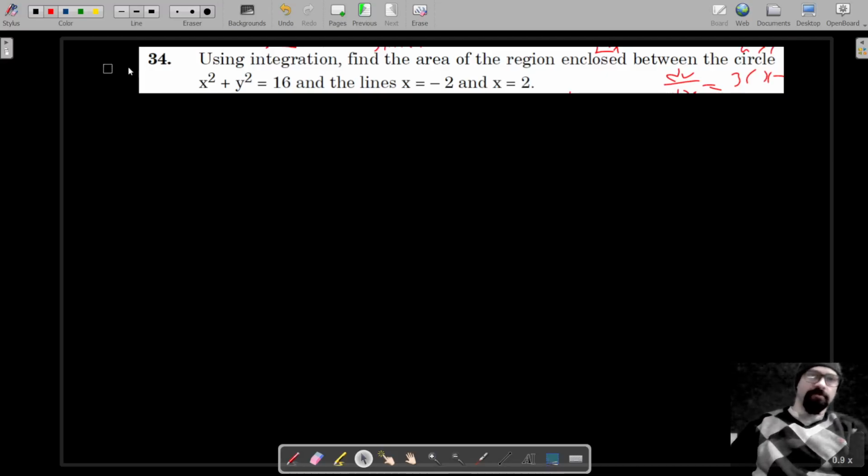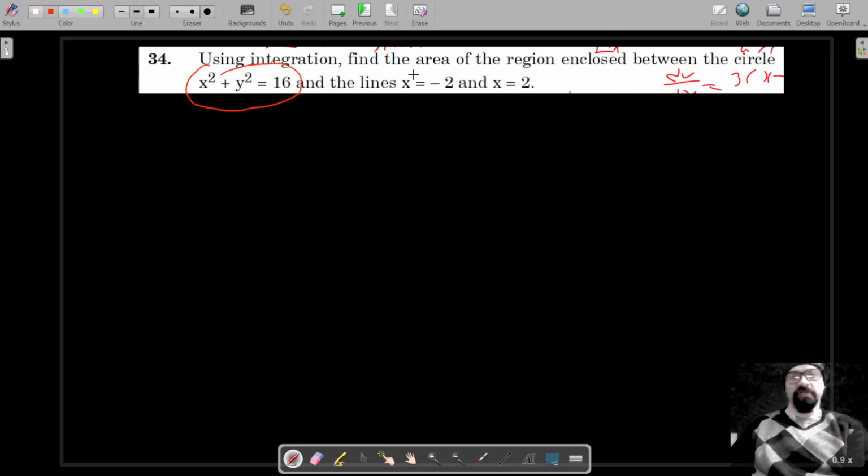Okay, for question number 34, we have to use integration and find the area of the region enclosed between the circle x square plus y square is equal to 16 and lines x is equal to negative 2 and x is equal to 2. So the equation of the circle is x square plus y square is equal to 16.